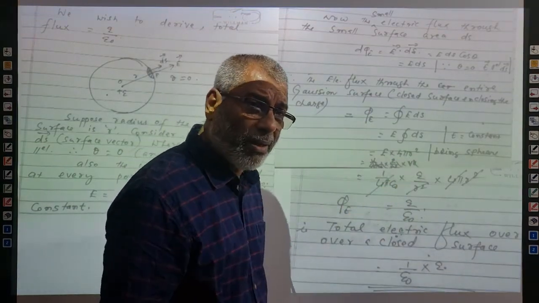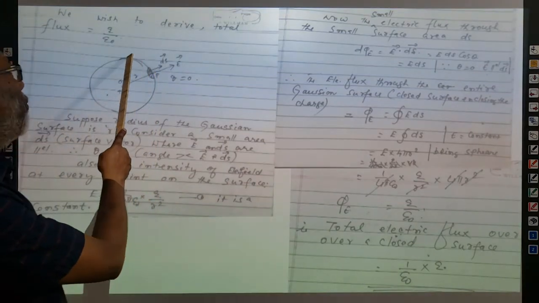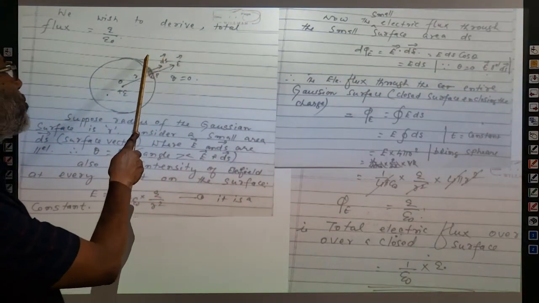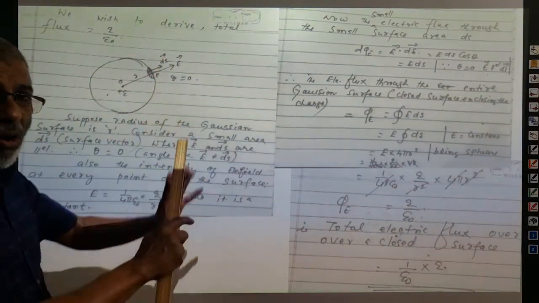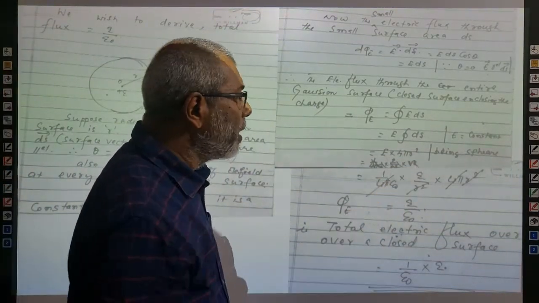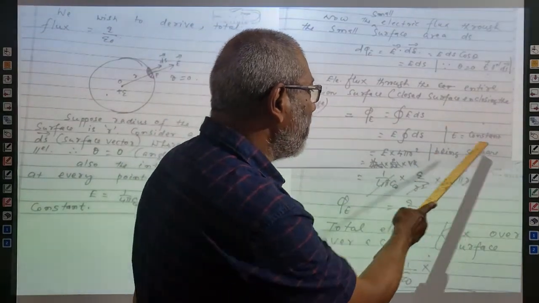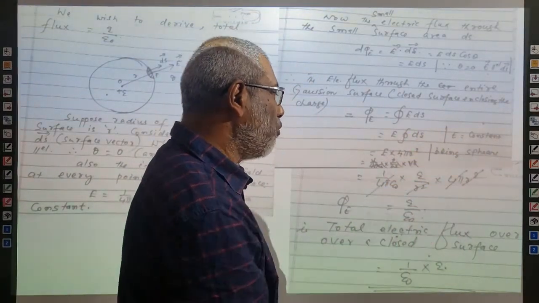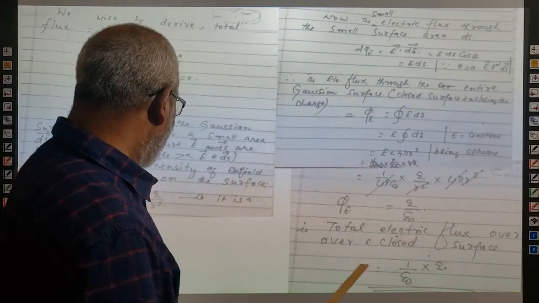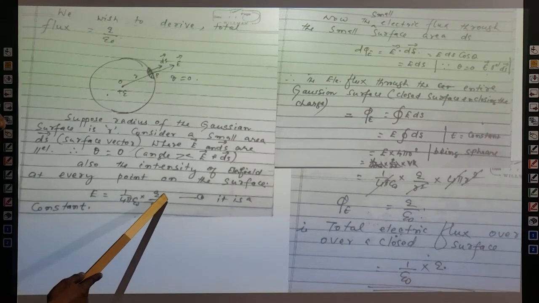Why 4 pi r square? This surface consists of a large number of small areas ds. All the ds when summed up give 4 pi r square. Okay, it being a sphere, the surface area is equal to 4 pi r square. Now, the value of E, already you know, is E is equal to 1 by 4 pi epsilon 0 q by r square.